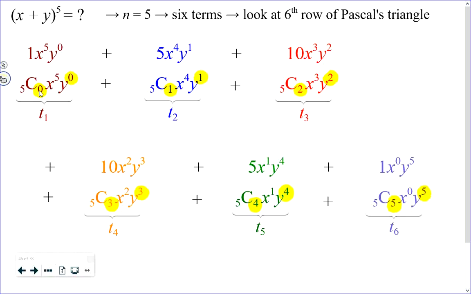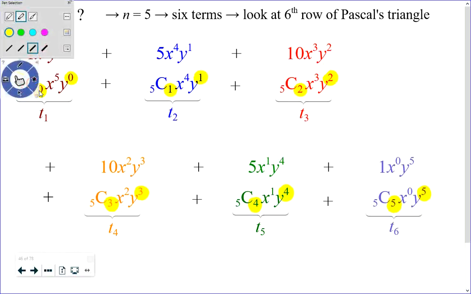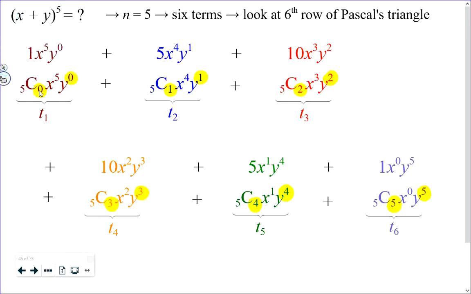I also want you to notice that in the combination aspect of things, the 5 is n. So every term has the same n value. We're choosing out of n each time, but each term has a different number that you're choosing.